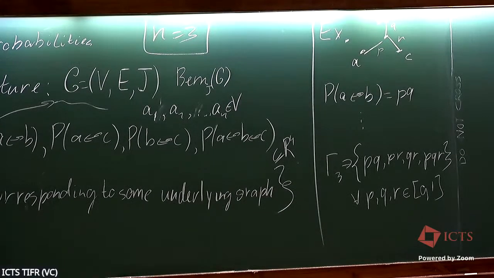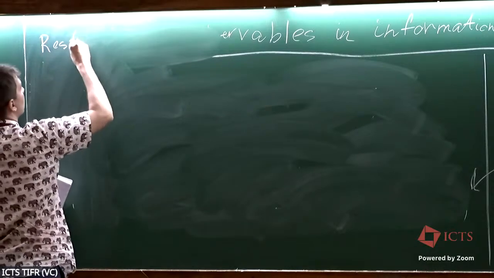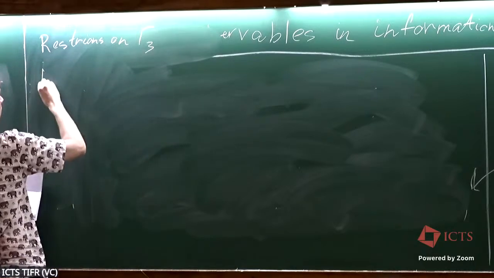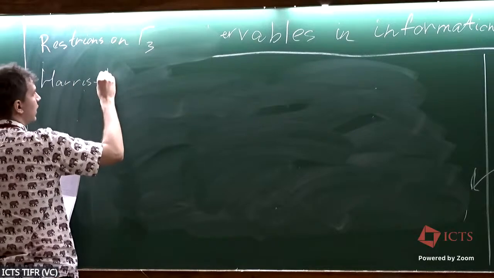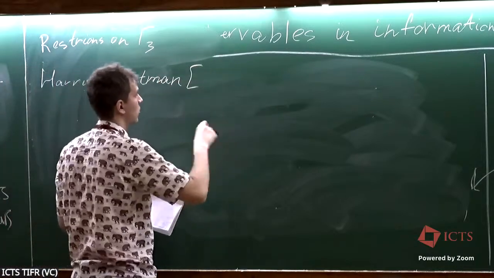So I will survey what's known. Well, the analog of Shannon inequality, like a very classical one, for restrictions on gamma 3, would be the Harris-Kleitman inequality, by Harris in the context of percolation, by Kleitman in the context of trying to solve an Erdős problem, well, actually solving it successfully.